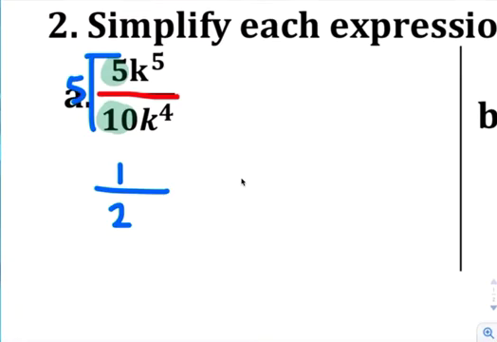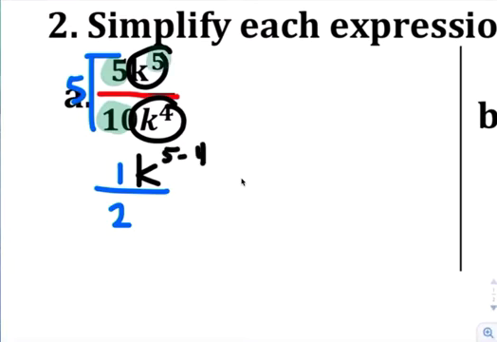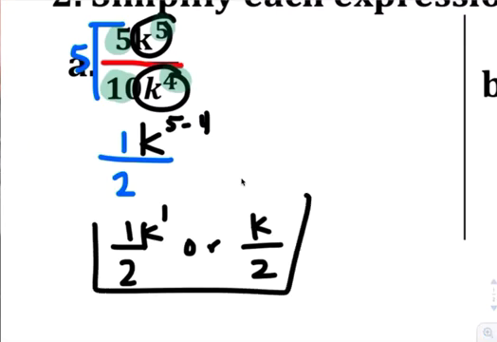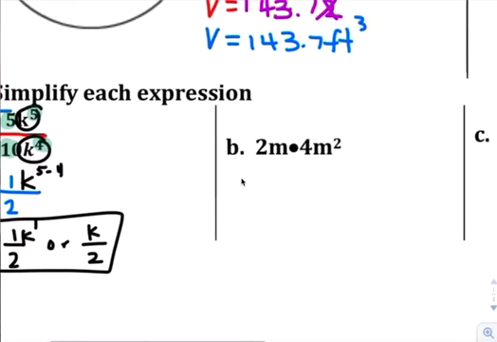And because these have the same base, k, you subtract the exponents, 5 minus 4. You don't have to write the problem, but you have to write this work. I don't want answers only. I'm not going to give you credit. So your answer is 1/2 k to the first, or just k. Or you can eliminate the 1 altogether. You get k over 2 is your answer.